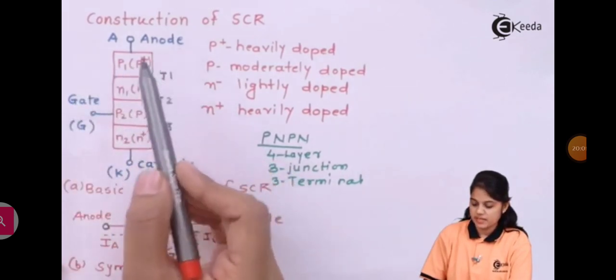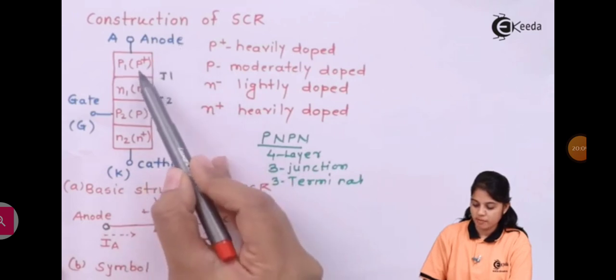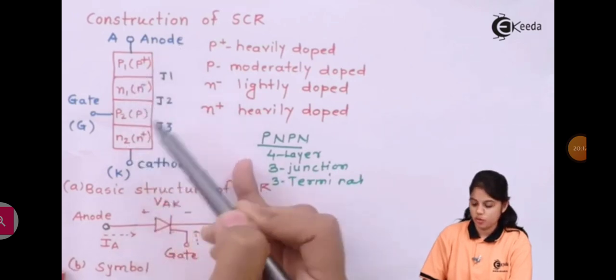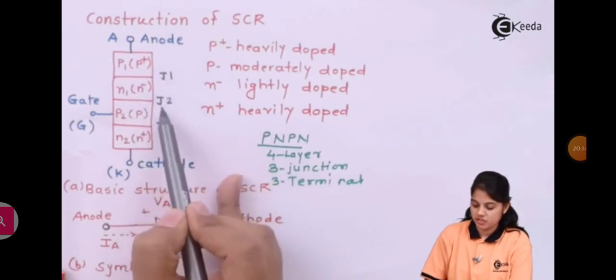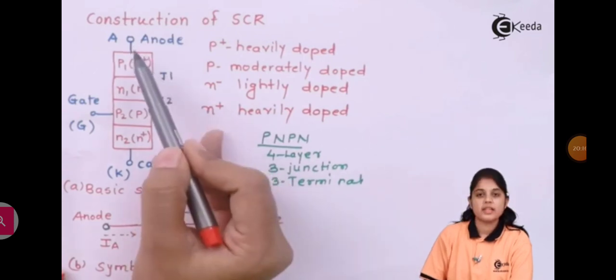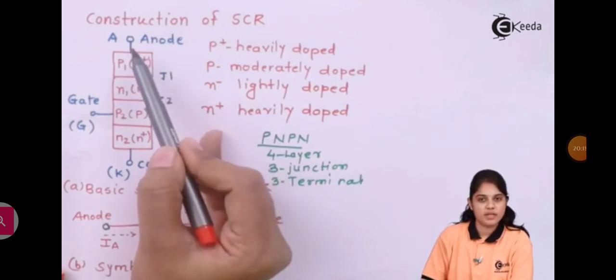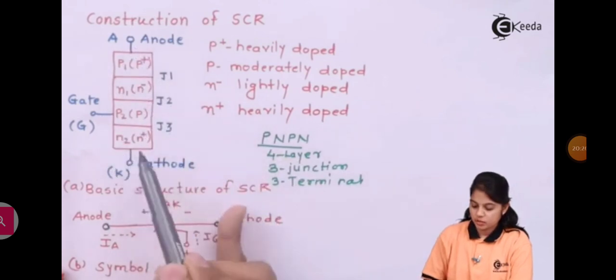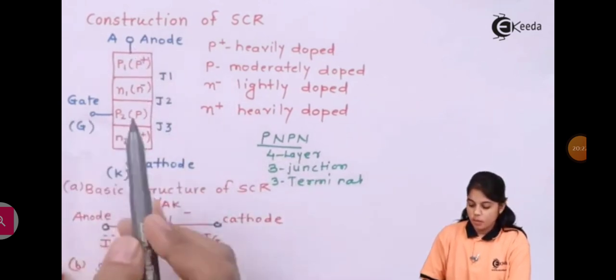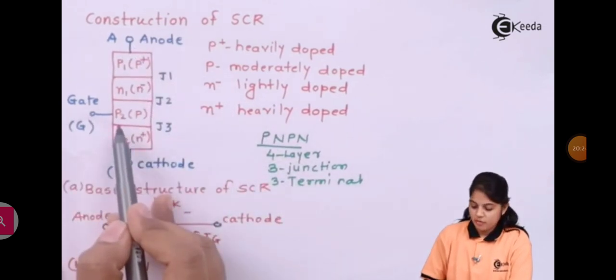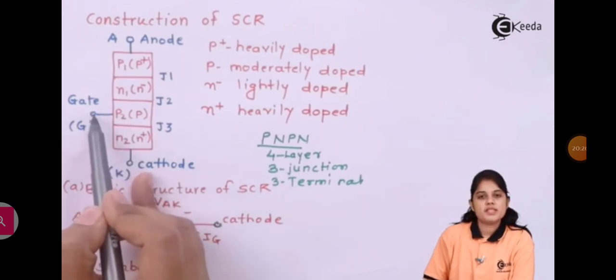Let me summarize this quickly. I have P1, N1, P2 and N2, and 3 junctions J1, J2 and J3, and 3 user accessible terminals, that is anode, cathode and gate. Now when it is reverse biased, I am considering that my gate terminal remains open, because the gate is a controlling terminal.